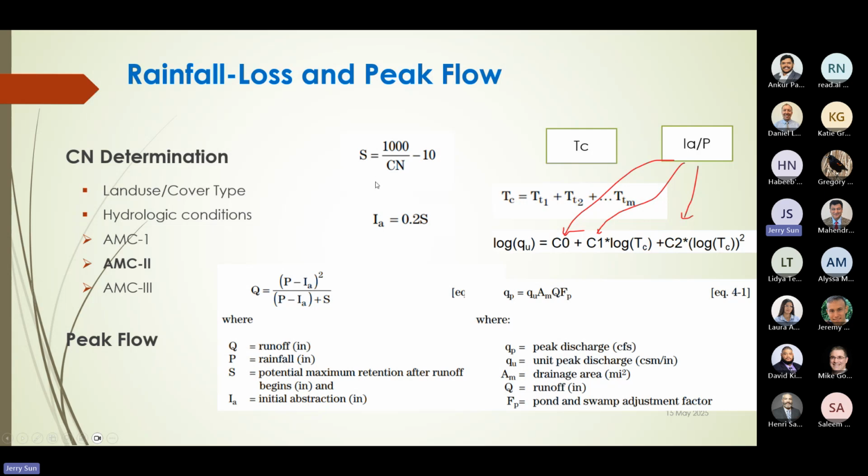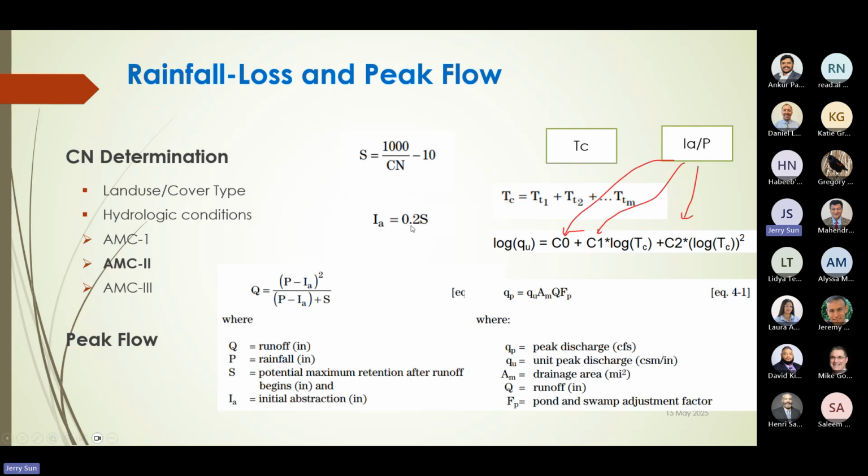So how do you calculate loss? That's pretty simple. Based on the land use, the cover type and the soil type, we come up with CN numbers. From the CN number, you calculate the potential retention S. This is just a calculation approach.